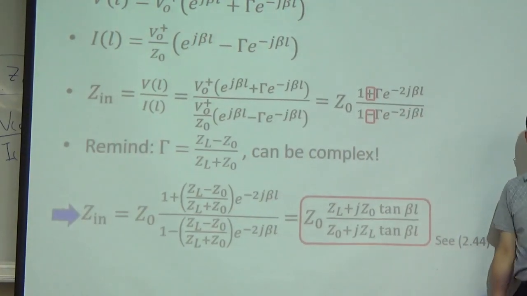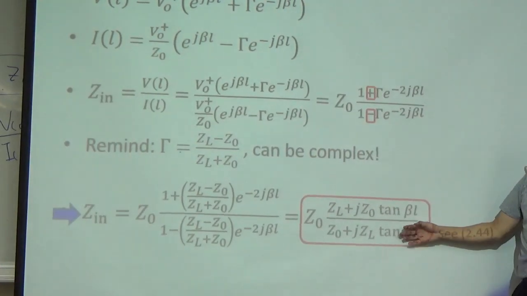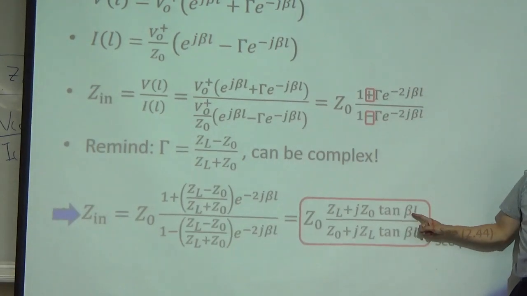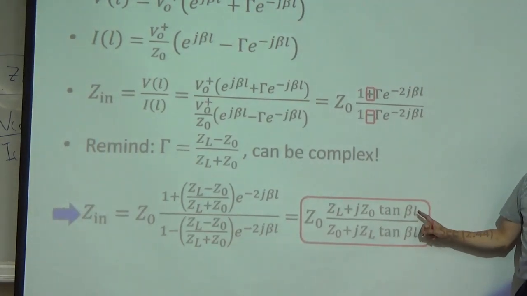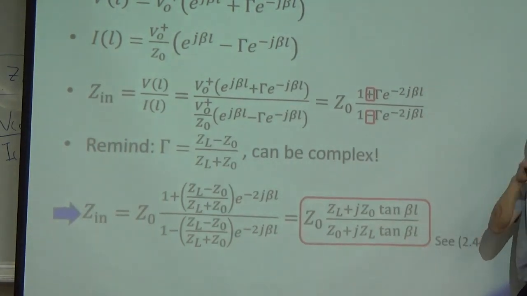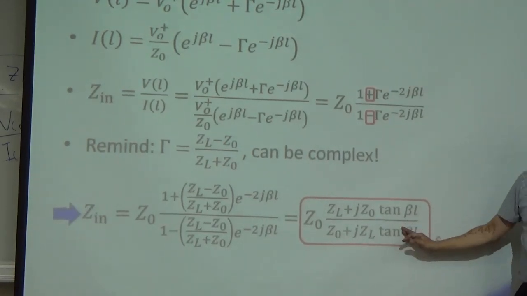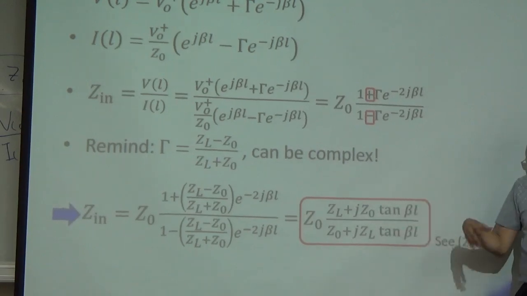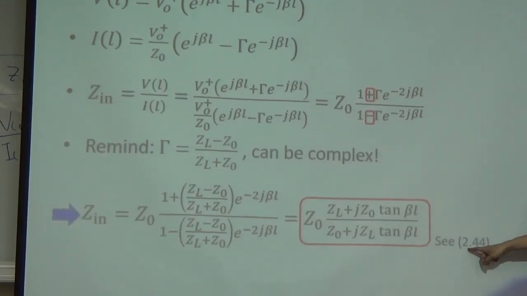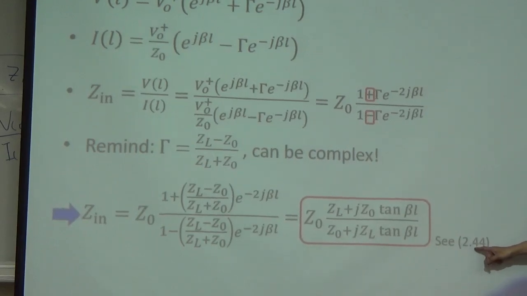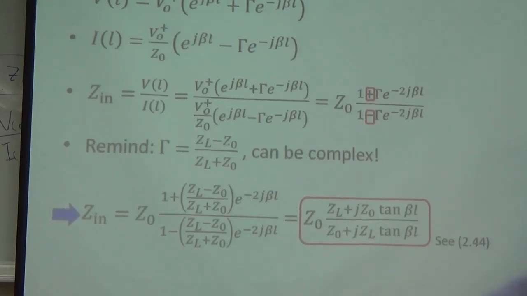For this equation, it depends on L, beta L. It's not Z, because Z equals minus L. So important. And if you are not satisfied with my derivation, you can also see equation 2.44. Is there a derivation on it? Yeah? You see a derivation on it? Okay.